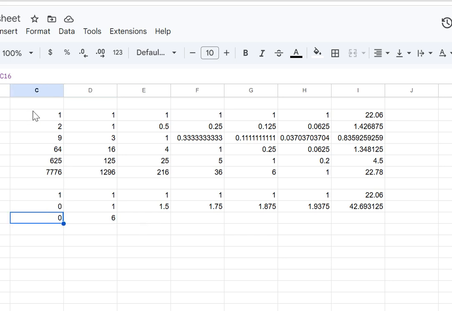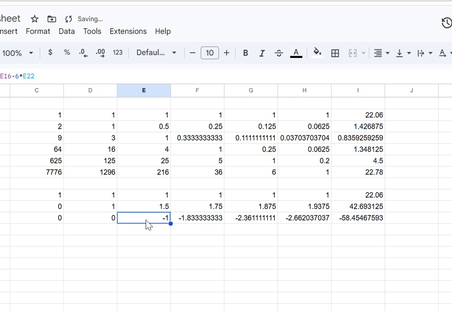So what I actually have to do is subtract, and that value is a 6, so it's 6 times this row, because that keeps the first value a 0 and it also removes the second value. And if I bring this all the way across, I'm almost there.